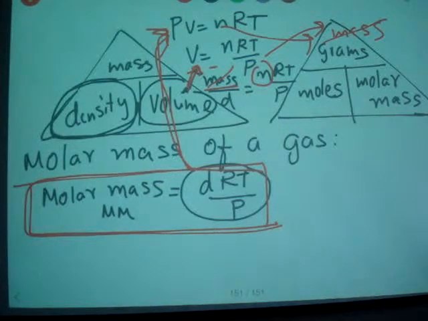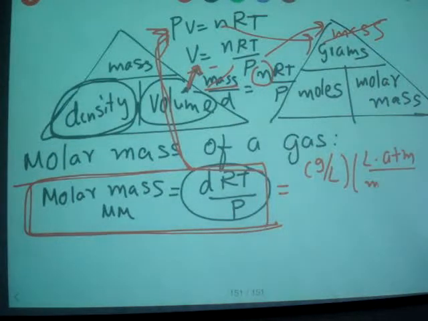And when you plug in the units, density units is gram per liter, R unit is liter atmosphere per mole Kelvin, and temperature is in Kelvin. I'm defining the units of each one. Divided by pressure in atmosphere.